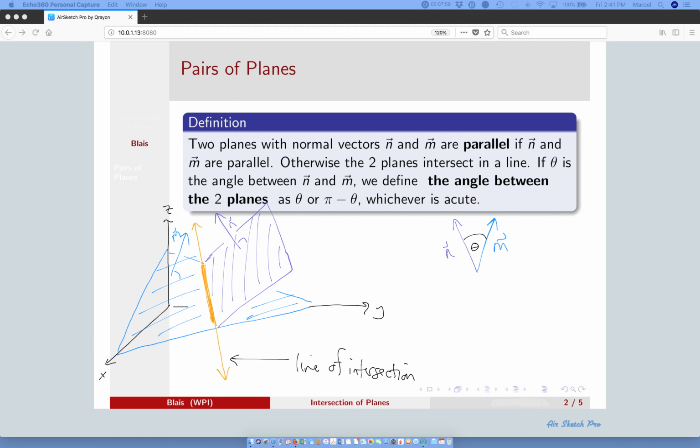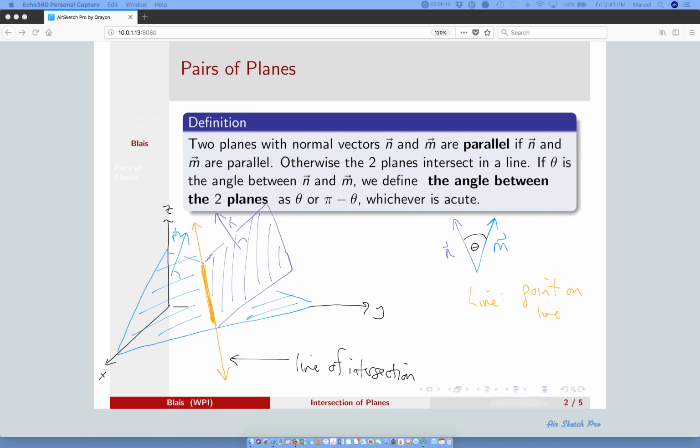Now, recall that for a line, we need two things. We need a point on the line. If a point is on the line, that means it's on the purple plane and it's on the blue plane.